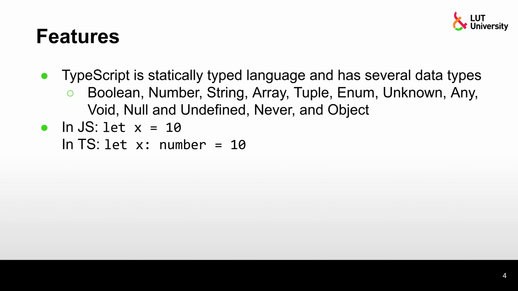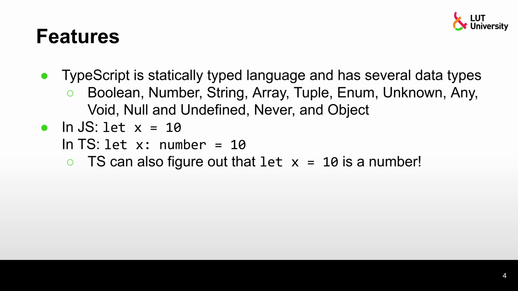In JavaScript, you are just defining the variable x and giving it a value 10. So let x equals 10. In TypeScript, you are defining the same variable x, let x, but then you are using a colon and defining the type, which in this case is number, and then it equals 10. So then the compiler knows that this variable is a number and it cannot store, for example, a string.